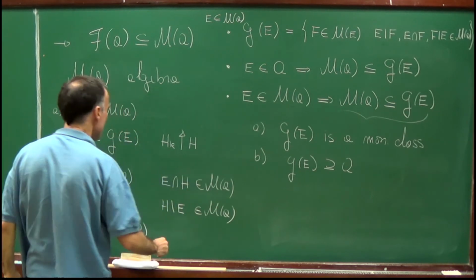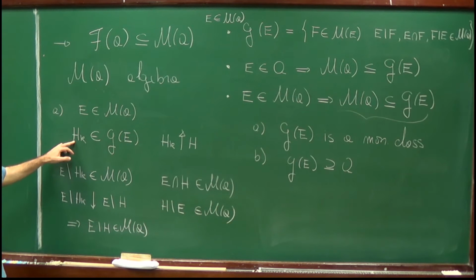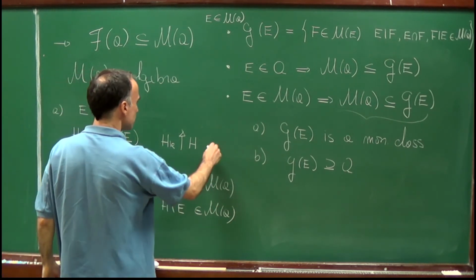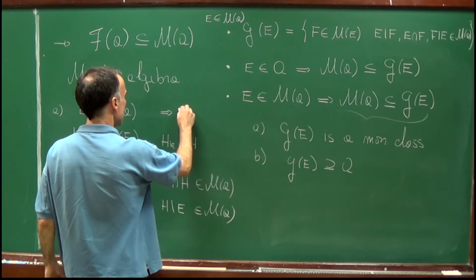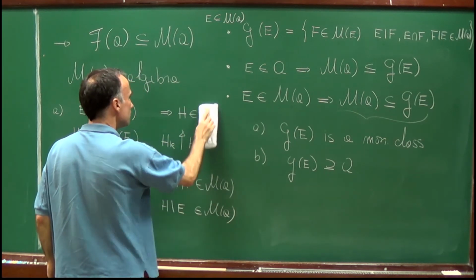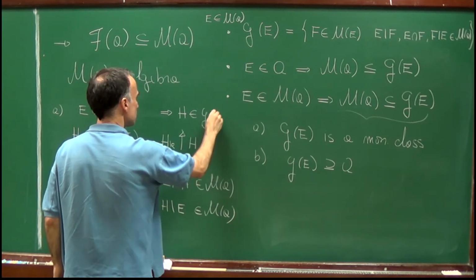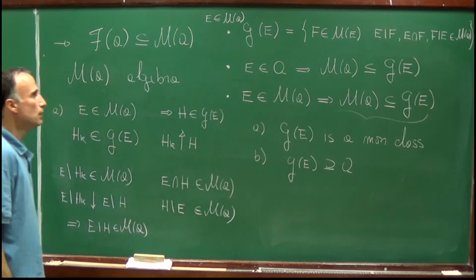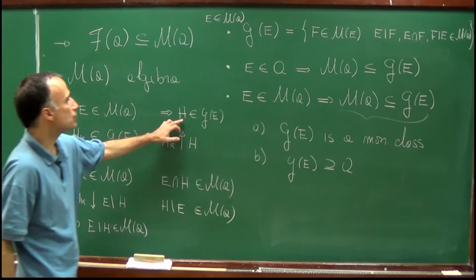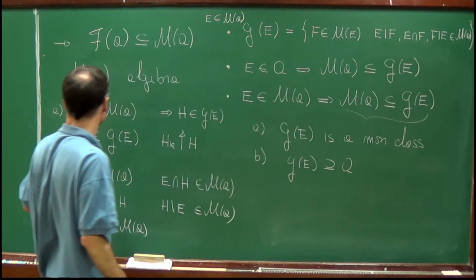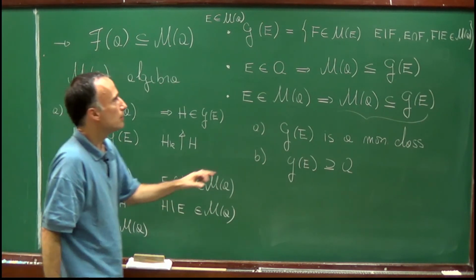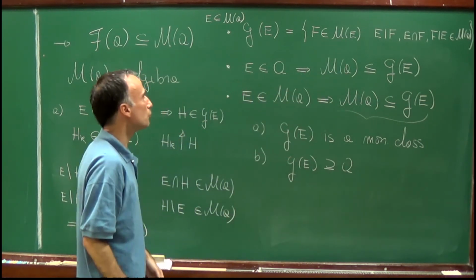So we just proved that if we have a sequence H_k in G of E, H_k increasing to H, then H belongs to G of E. Note that we know that H is an element of M of A because we know that H_k is an element of G of E, therefore H_k is an element of the monotone class.